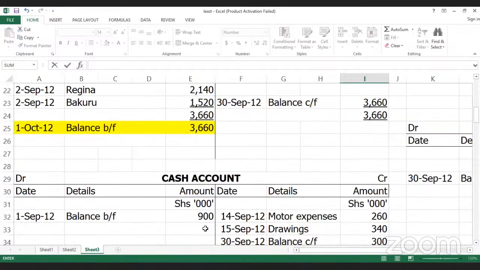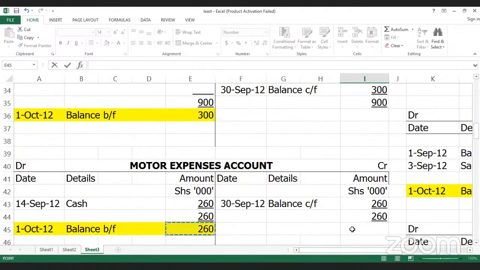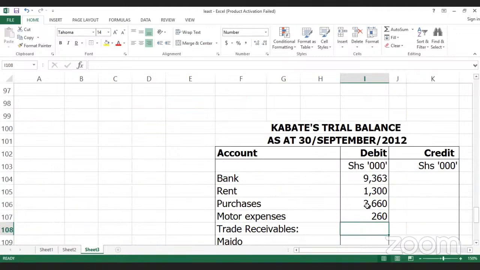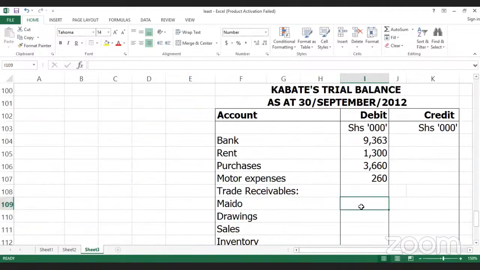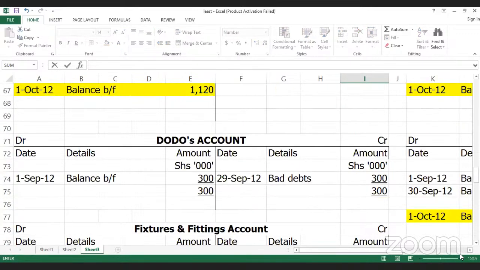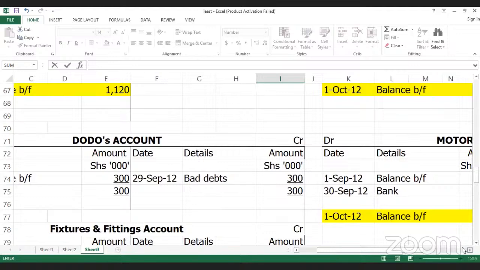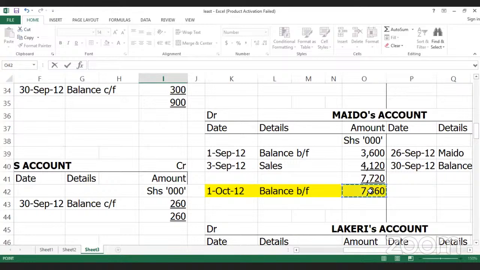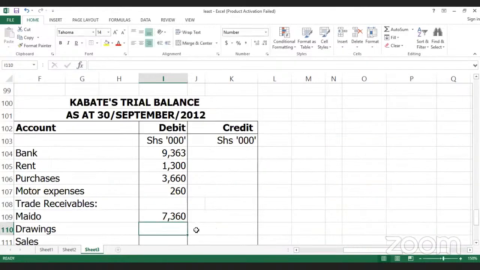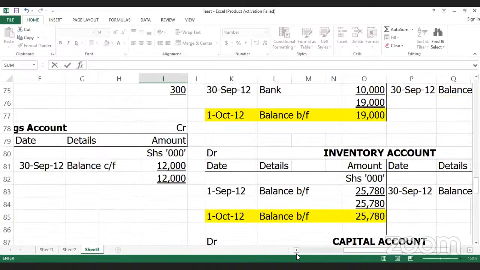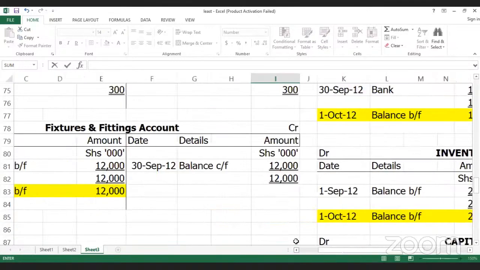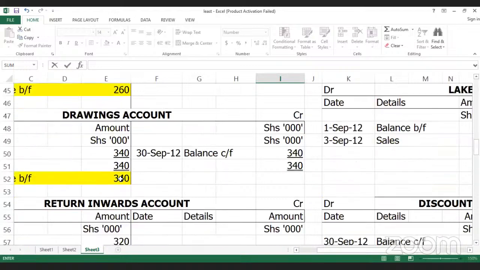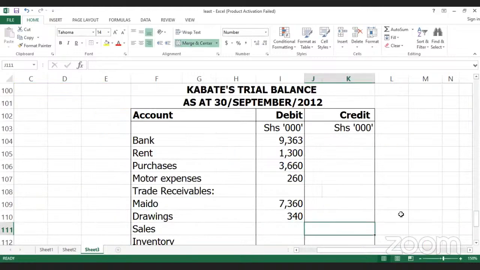Yes, 260 on the debit. Then other trade receivables, we have Mido. How much was Mido's balance? 7,360,000 on the debit. Then the drawings, 340,000 debit. Then the sales.